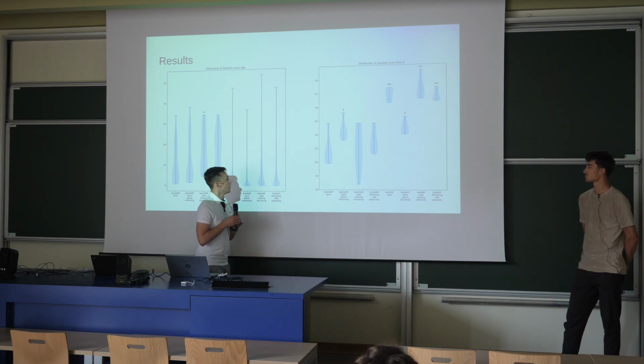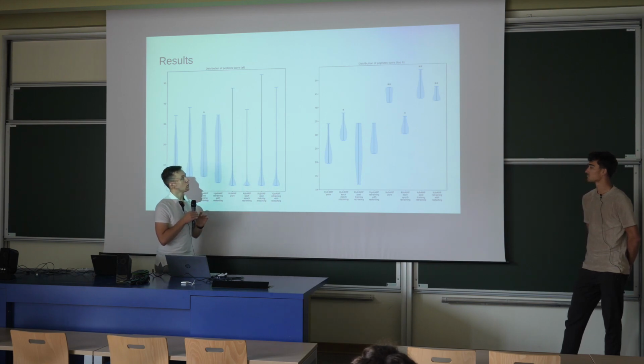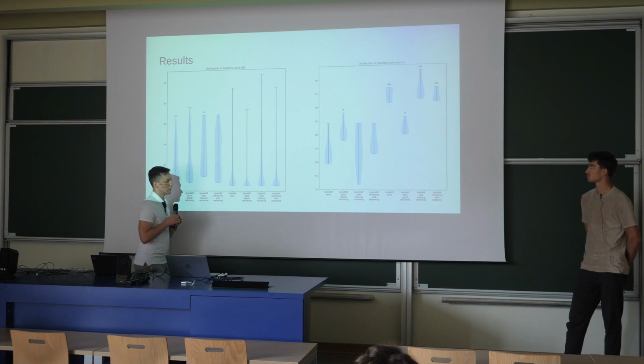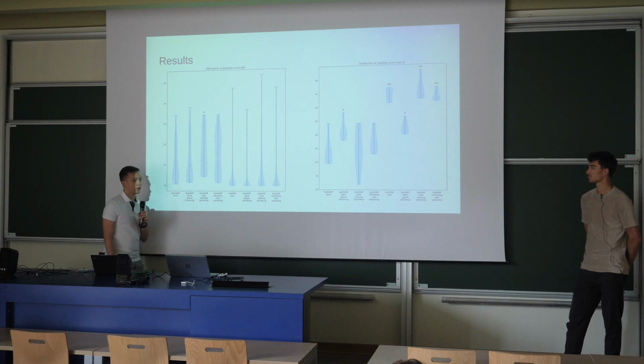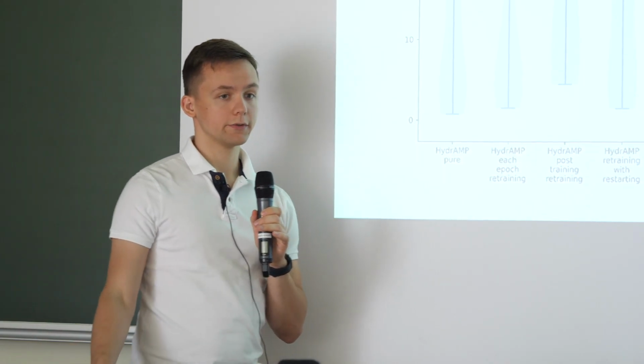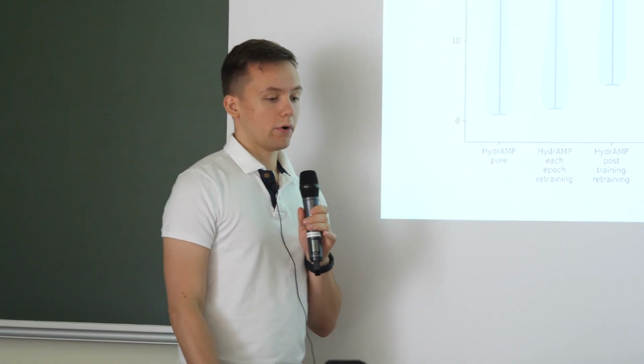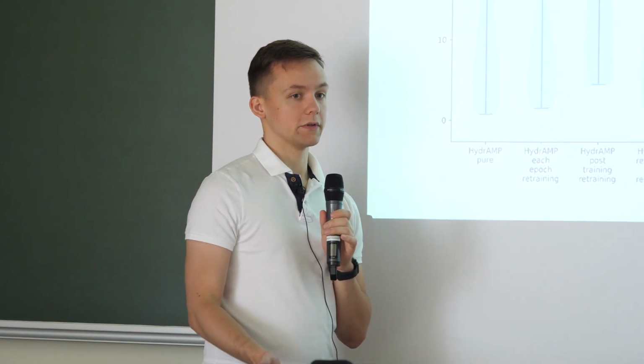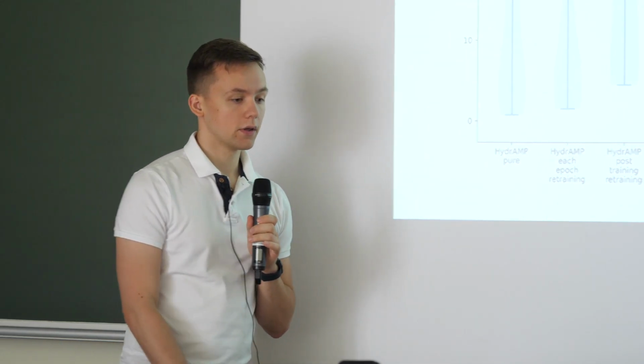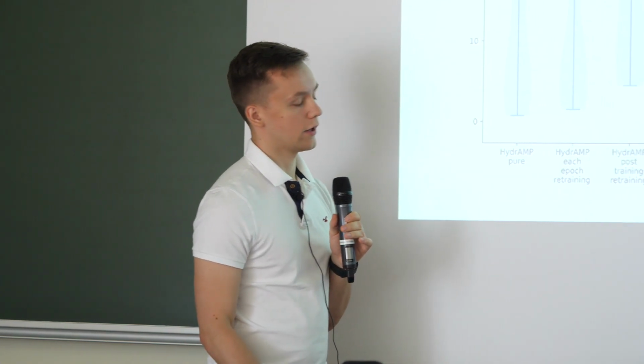Also, we had to compare the top 6 just because the HydrAMP model struggles with creating a lot of examples, but that's a problem which the other team that will present just after us was facing, and had a solution for.